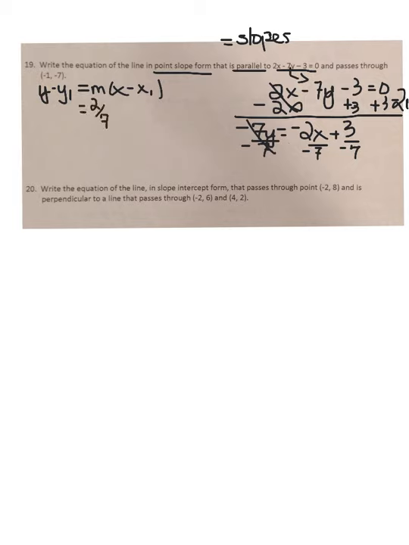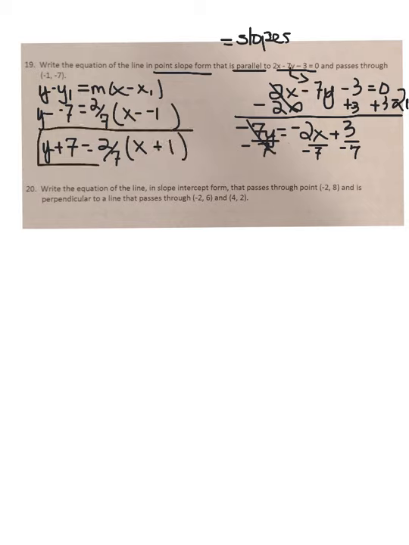I really don't need the rest of that stuff. And then we have a point, because it says it passes through -1, -7. So y minus -7 and x minus -1. So let me simplify that a little bit. So that's going to be y plus 7, and over on the right, x plus 1. And there's the equation of your line.